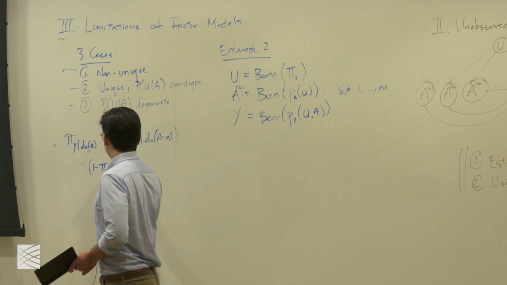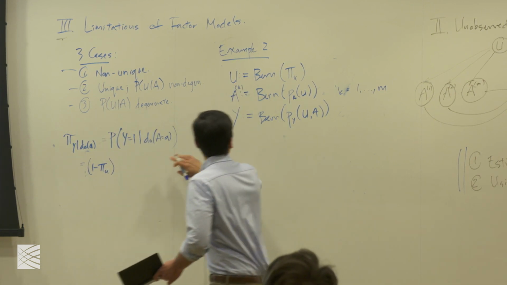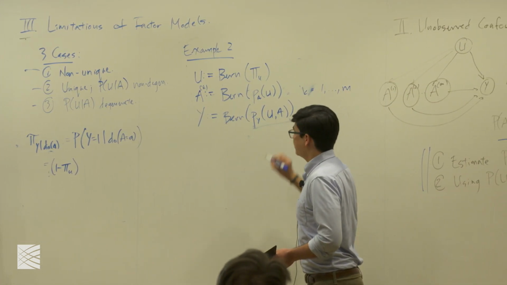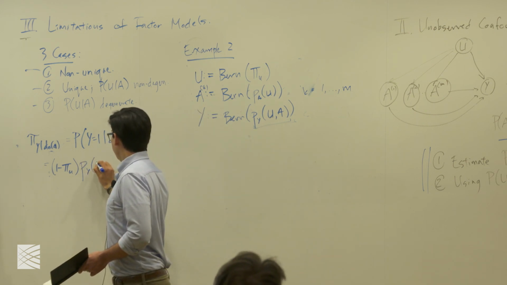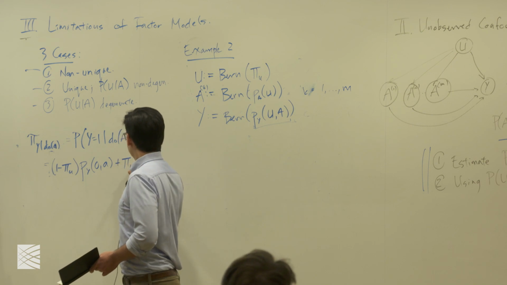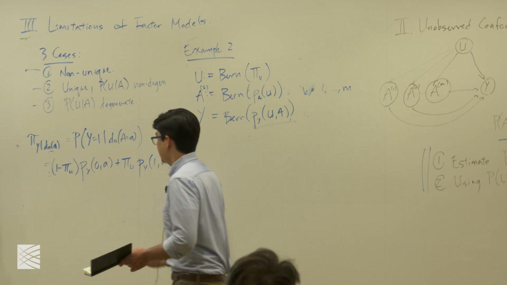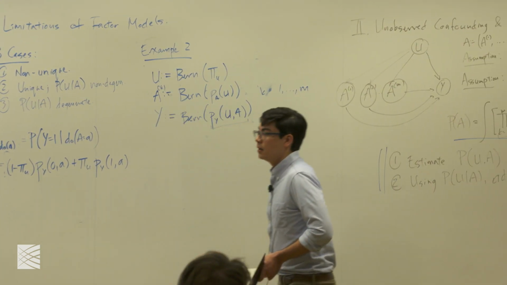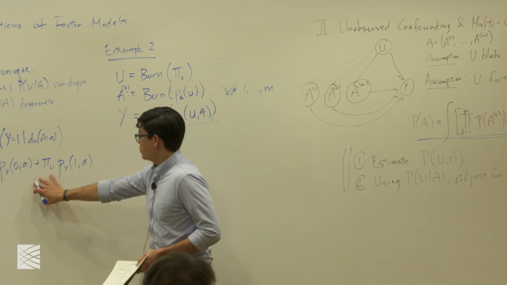So it's going to be 1 minus pi u, which corresponds to the case where u is equal to 0. We take that and evaluate this probability when u is equal to 0, that's p y of 0, lowercase a. And then we do the same thing for p y of 1, lowercase a. It's just two terms in this sum. Great. OK, so this is what we're after.